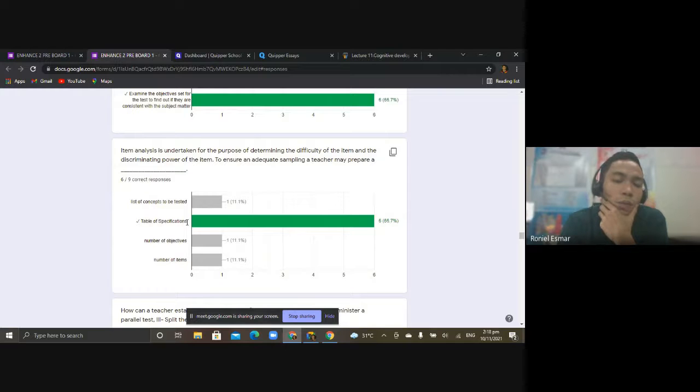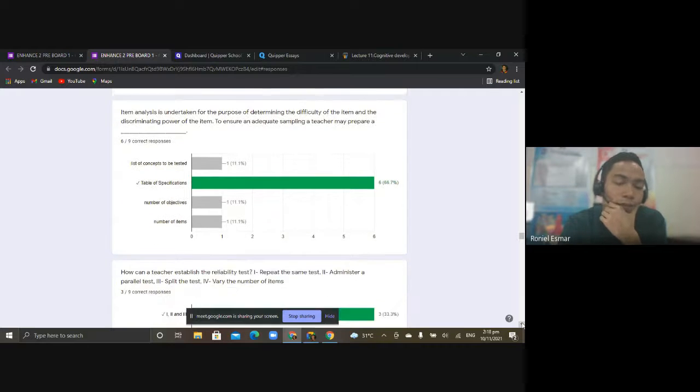The performances of the takers, how well the class performed in this particular test item, we measure whether this item should be discarded because it is too easy, or this item should be discarded because it is too difficult for their level. So that's why the correct answer for this item is the table of specifications.